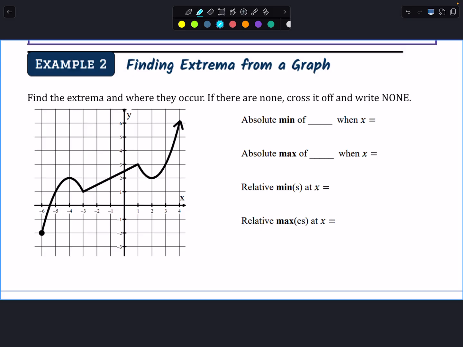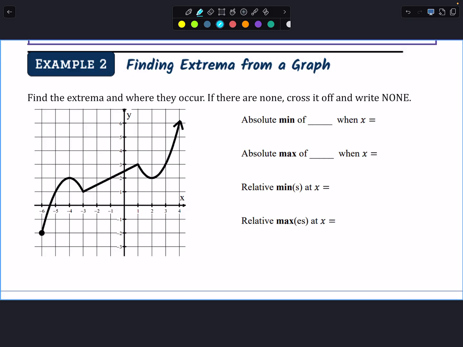Find the extrema and where they occur. If there are none, cross it off and write none. Okay, so the absolute min of this graph. Is there an absolute lowest y value on this graph? Not a trick question.